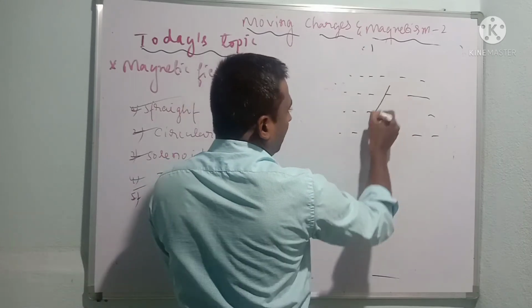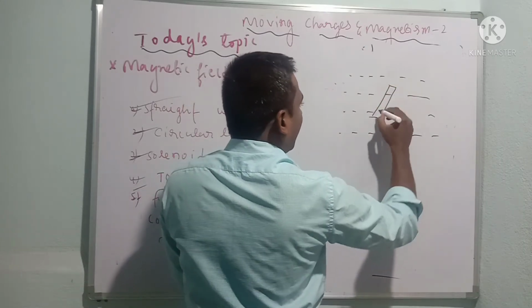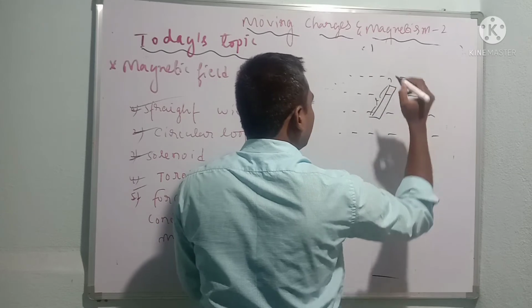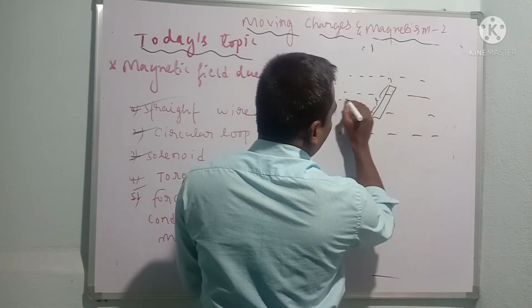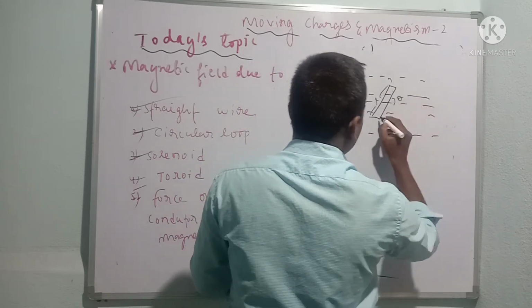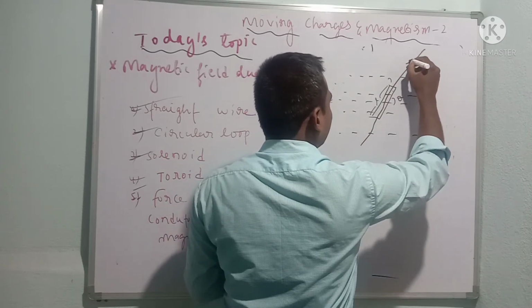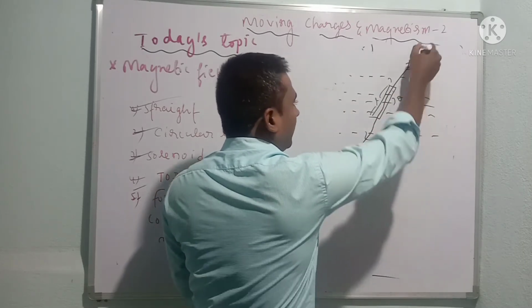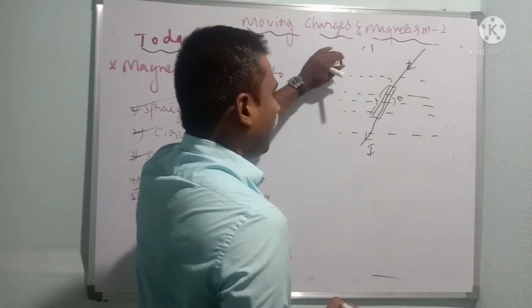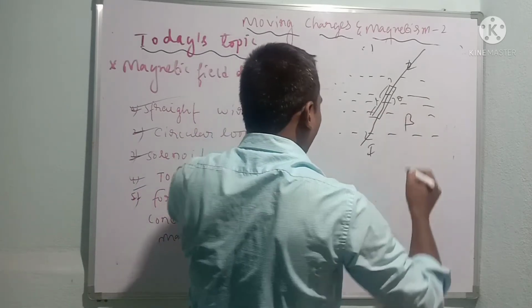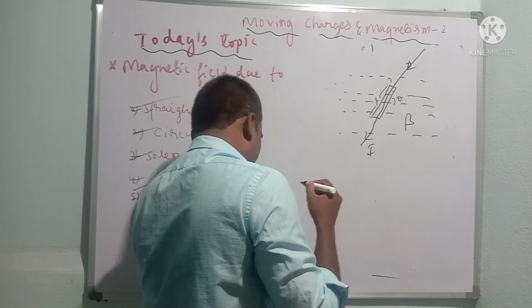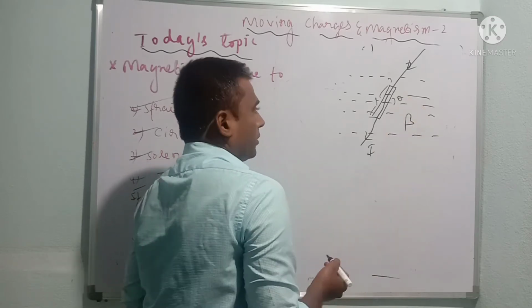This piece of aluminum wire has length L, we consider an angle theta, and it carries the current I. Current is moving in this direction. A simple diagram, and this is the uniform magnetic field.